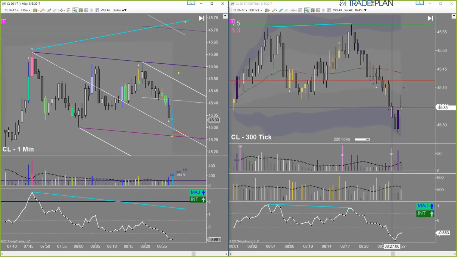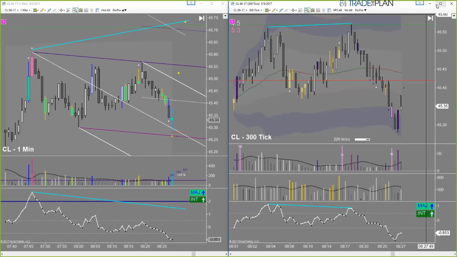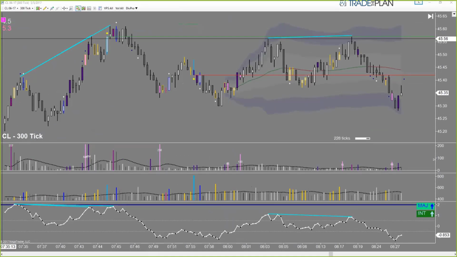You had high volume per second coming down into the low, and the last bar was actually very low volume per tick. So not a large number of contracts per tick. And then buying it back up, you had that push back up occur very quickly on very high volume per second. And this is probably a perfect little channel here.